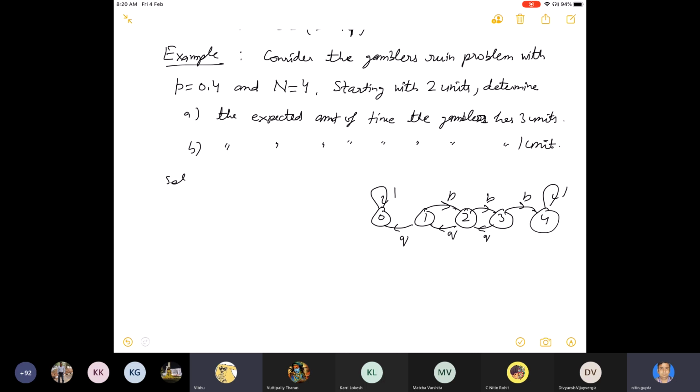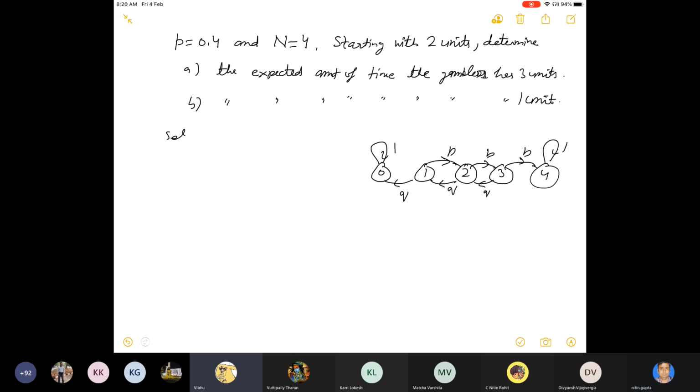So the corresponding value of this is the TPM. First of all, can anyone tell which are the transient states here, which are the recurrent states here, and recurrent or absorbing?